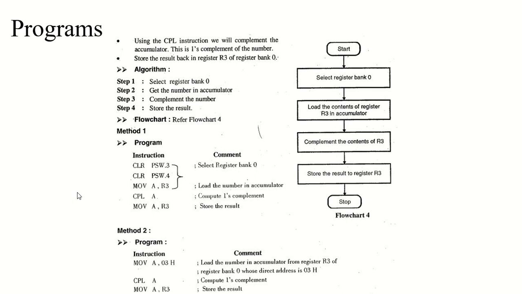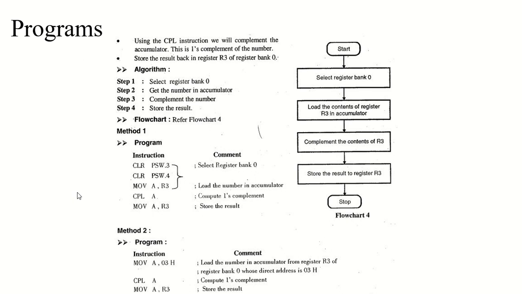And the second method tells us that we can directly skip selecting register bank 0 initially. If you don't want to select it, you simply reset your controller, or if you have just started your controller, by default we are going to use register bank 0.